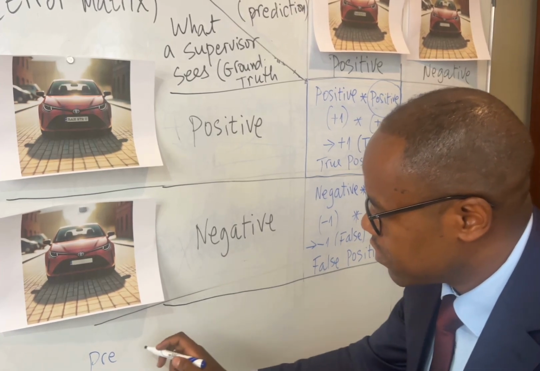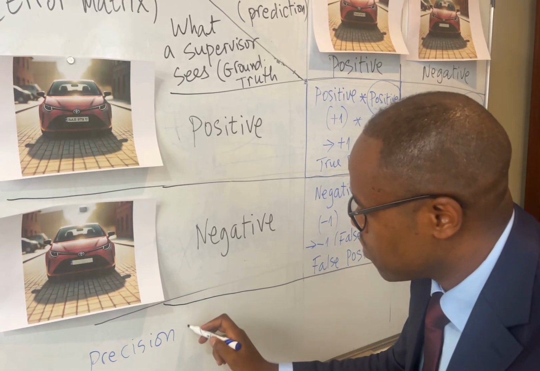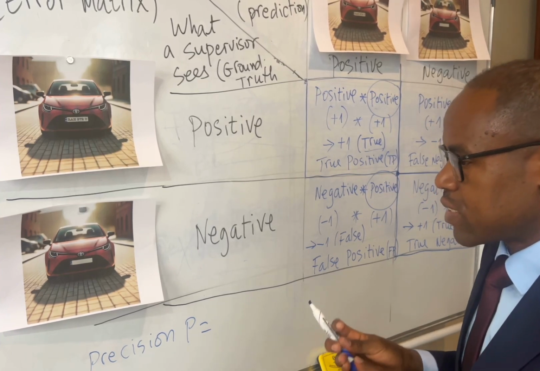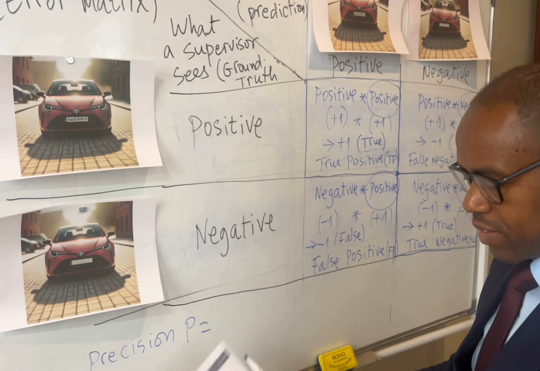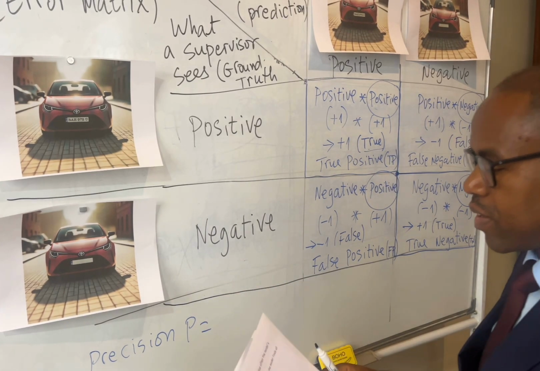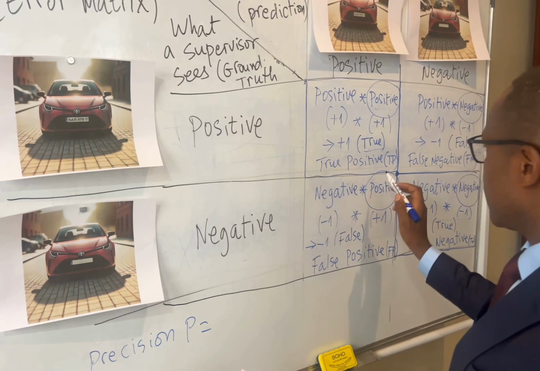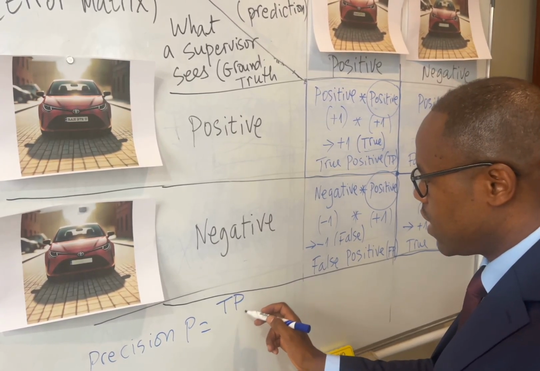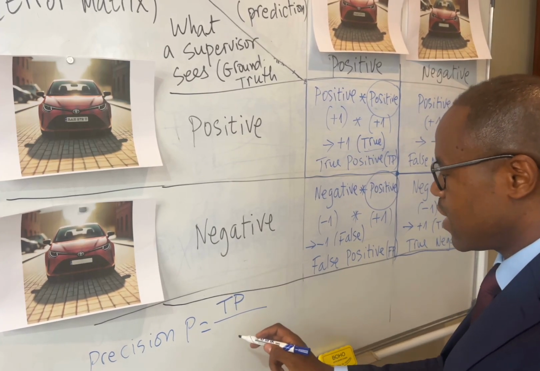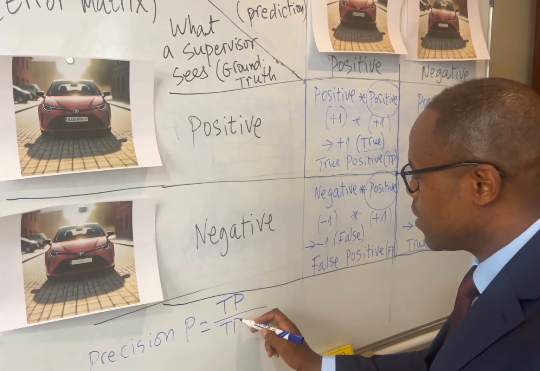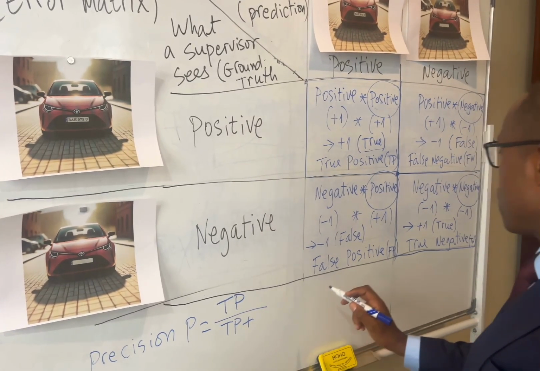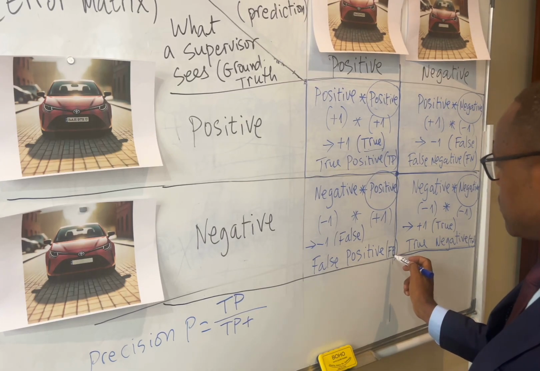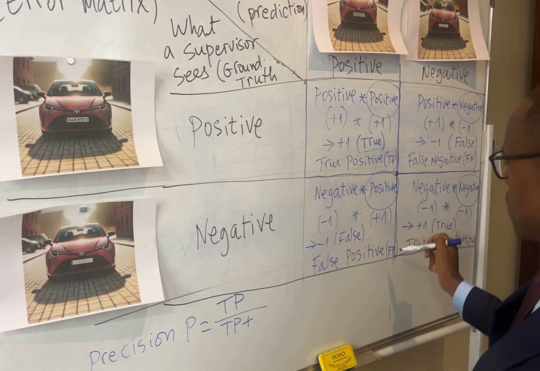Precision P is calculated by taking TP, the number of true positives, and dividing by the number of true positives plus false positives.